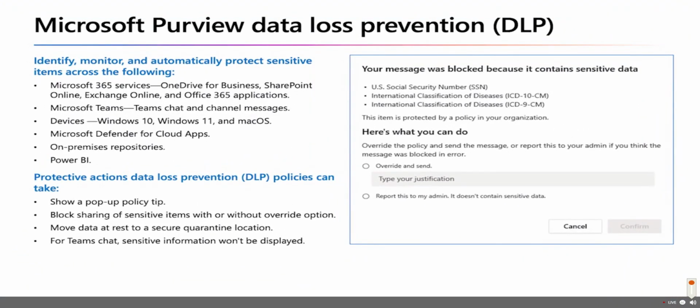So let's say, for example, that you have a data loss prevention strategy in place to prevent users from sharing any type of sales contracts. The policy would run in the background and can identify any document or email that includes contract numbers or customer information. Then, based on this condition, it will trigger an action to automatically block that email from going out.